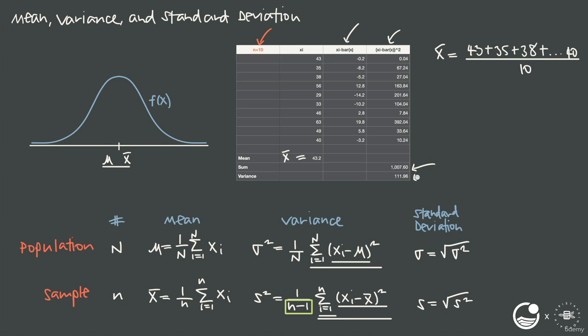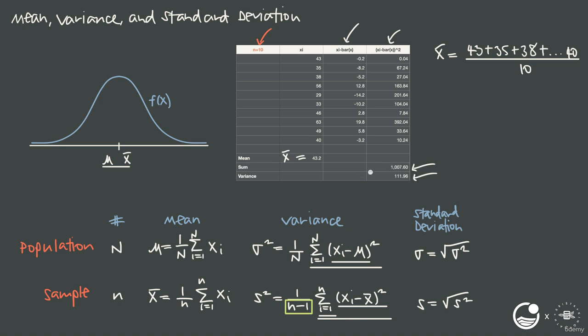So here, this value for variance is not 1007.6 divided by n equals 10. It's 1007.6 divided by 10 minus 1 or divided by 9. So when we divide the sum of our squared deviations by n minus 1 equals 9, instead of n equals 10, the result we get is 111.96.